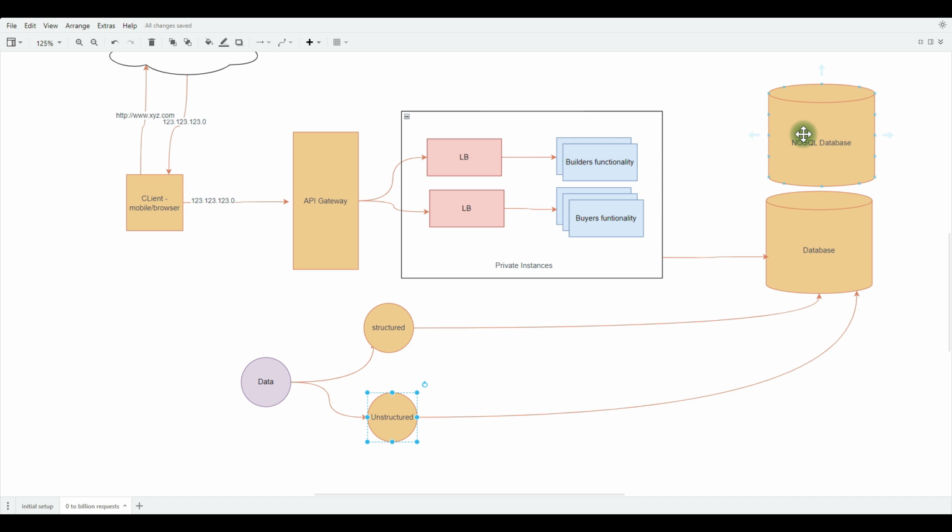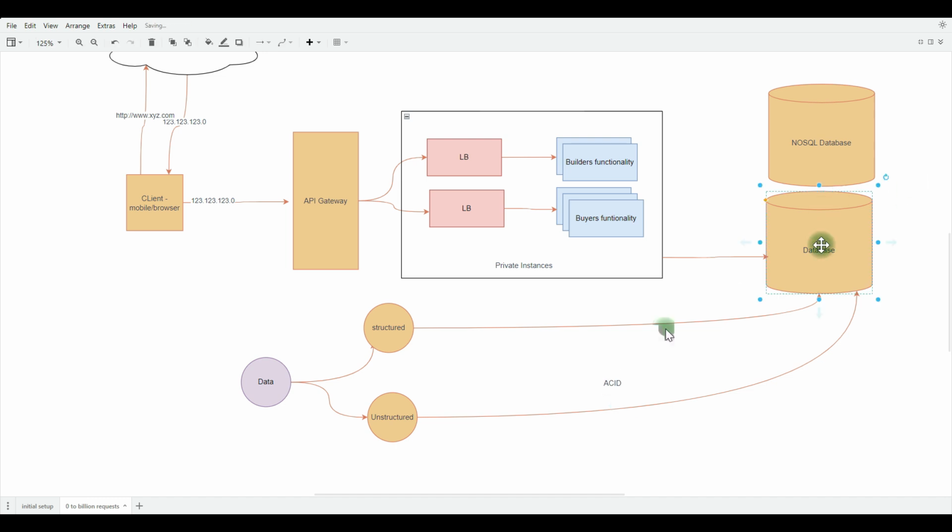Now there are advantages and disadvantages of both of these. The advantage of the SQL database is that it has strong ACID compliance. When I say ACID, I am referring to atomicity, consistency, isolation, and durability properties.